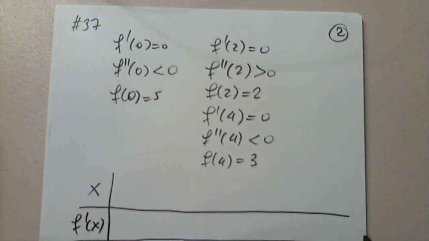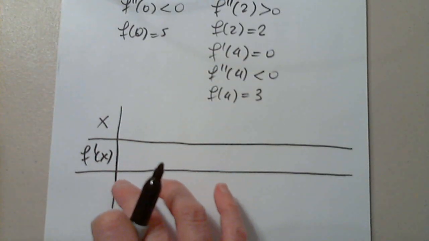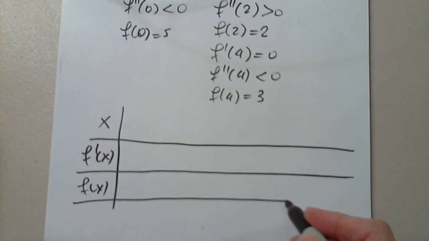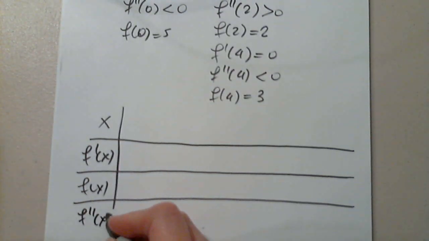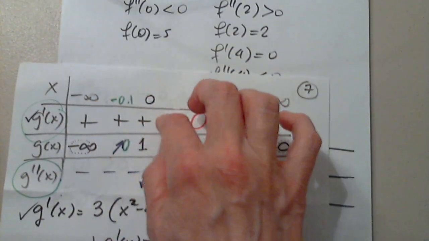You can create your own order, of course, but the reason why I put the function in the middle is for the following reason. Because the values are in the middle and I can read up and down.